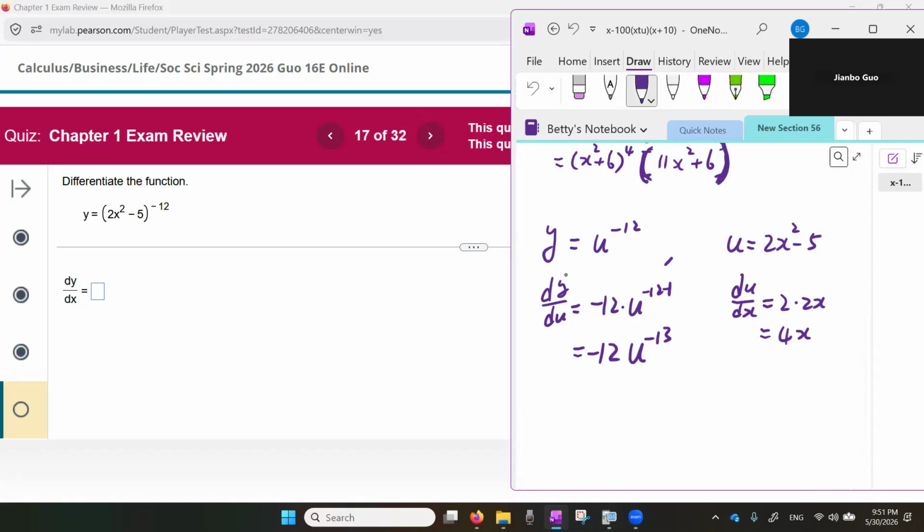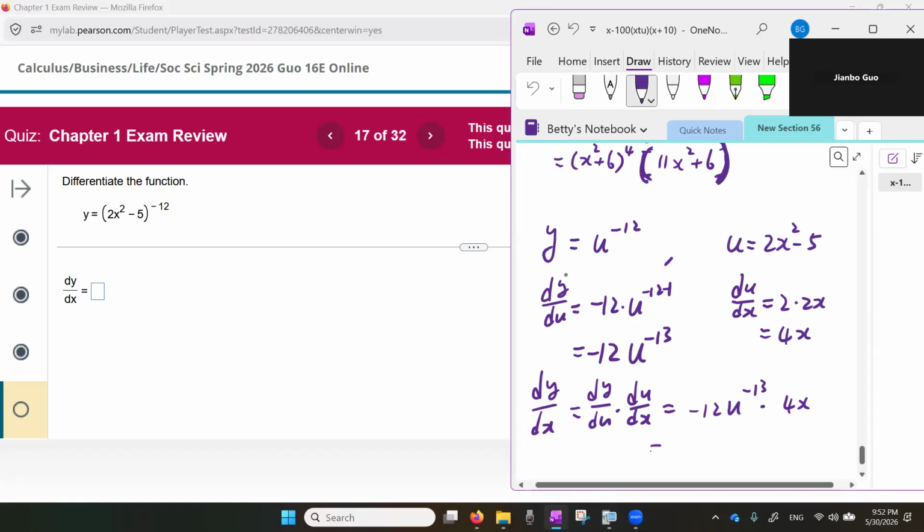So dy/dx is dy/du times du/dx: negative 12 u to the power of negative 13 times 4x. Negative 12 times 4 is negative 48x u to the power of negative 13.